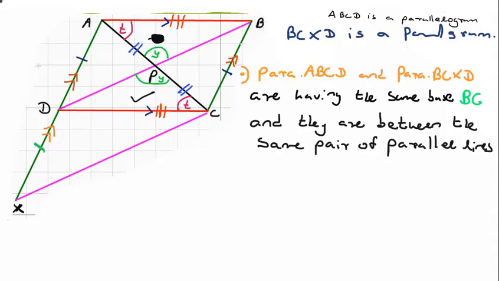Therefore, if two parallelograms are in such a way, we can say their areas are equal.